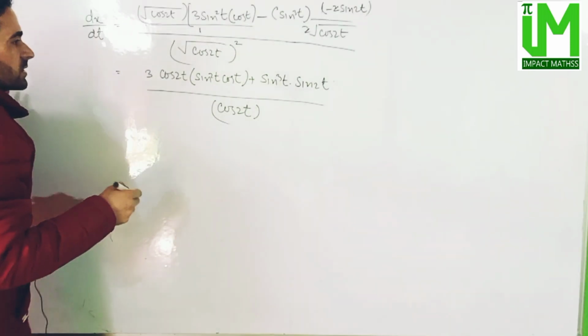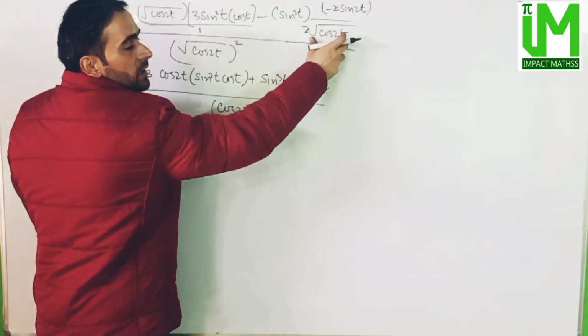समझ आया वहाँ? ठीक है, रेसिप्रोकल्स में क्या है? अंडर रूट cos 2t.